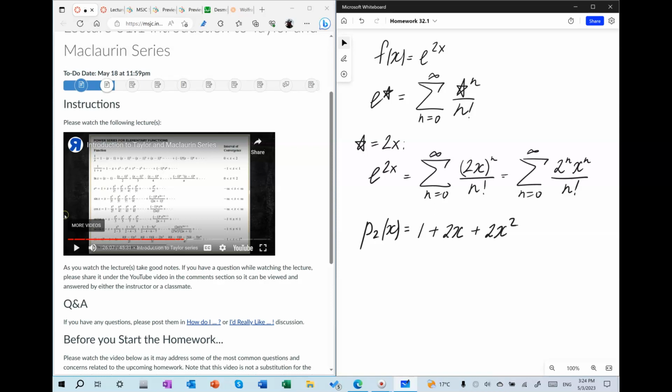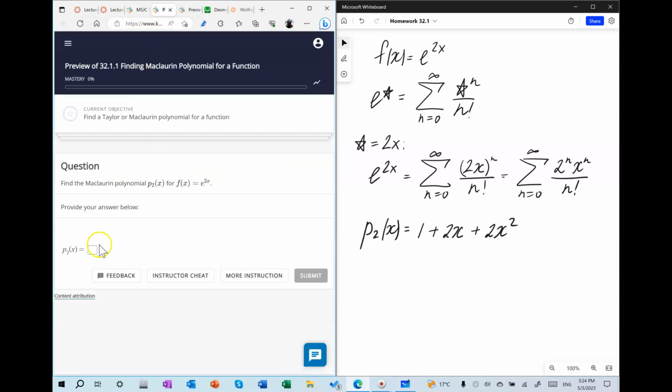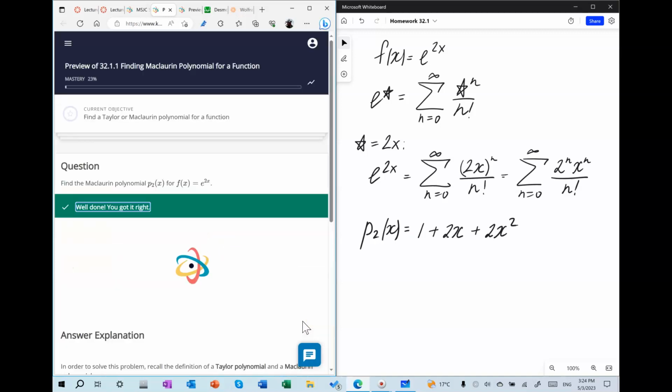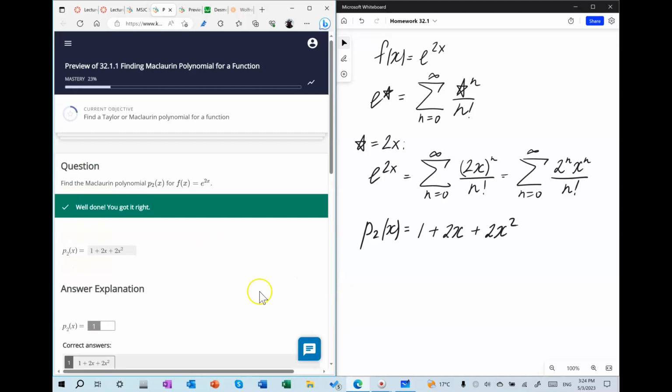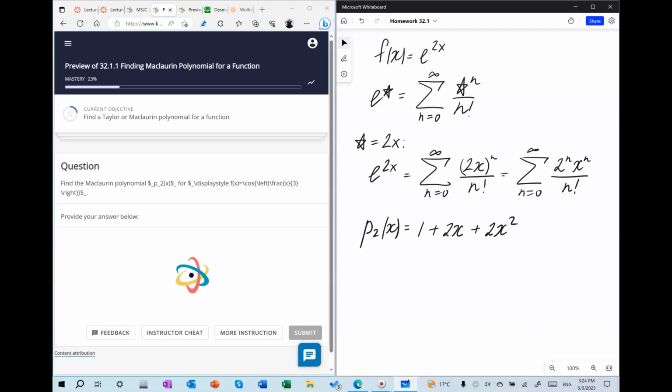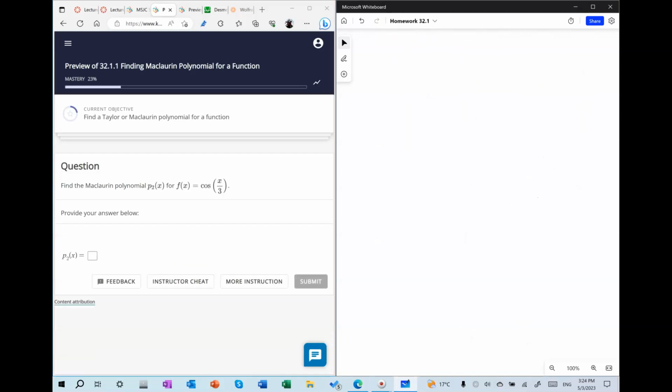So there is more than one way of answering this question. So here's the answer: 1 plus 2x plus 2x squared.